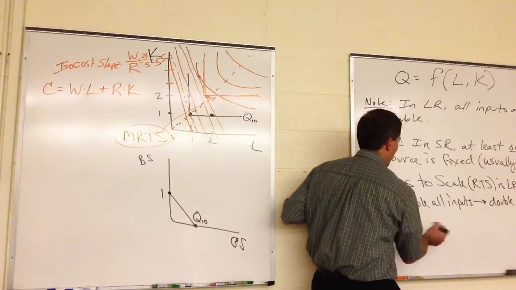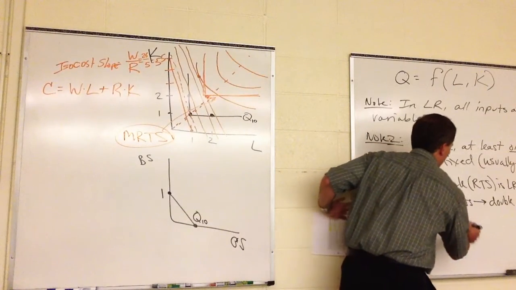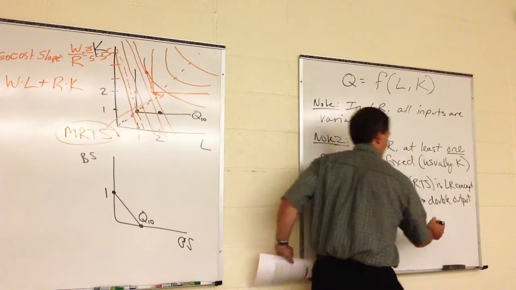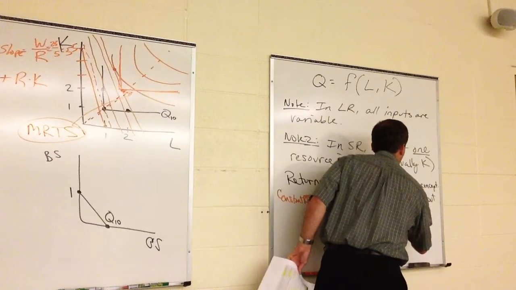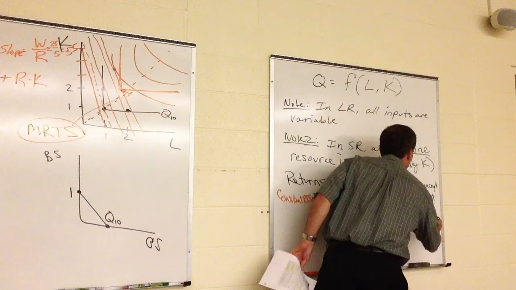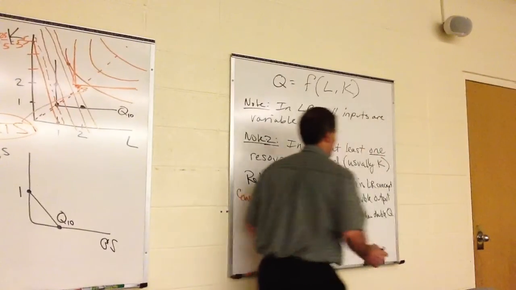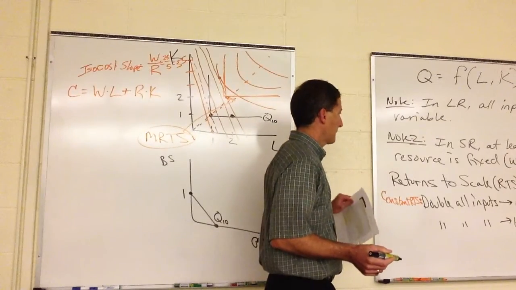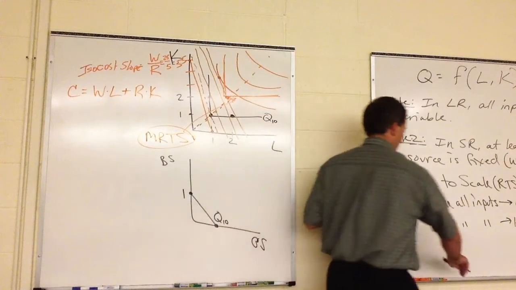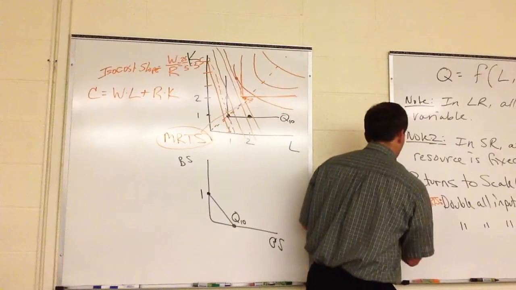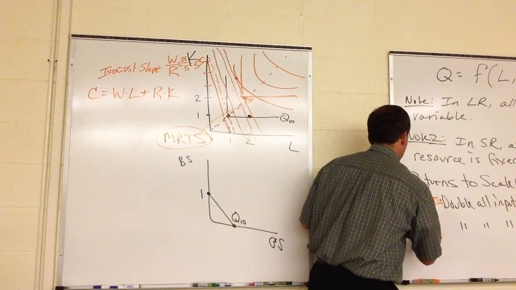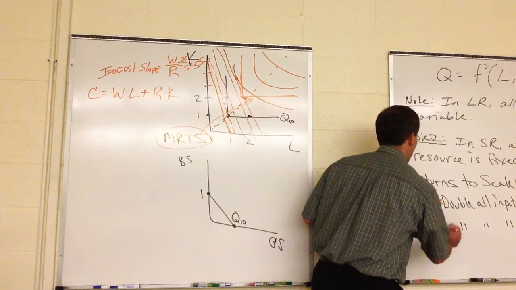So it's possible that we could double all of our inputs and it leads to less than double output, less than double Q. That means you're experiencing decreasing returns to scale.